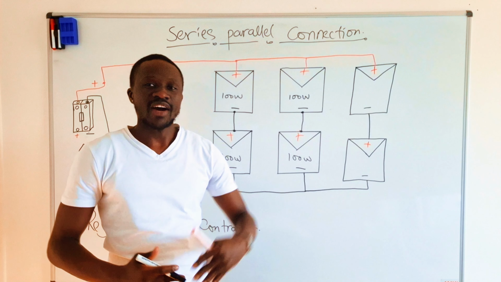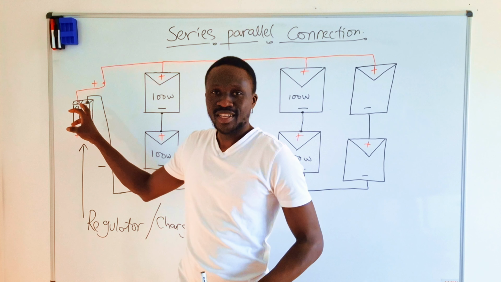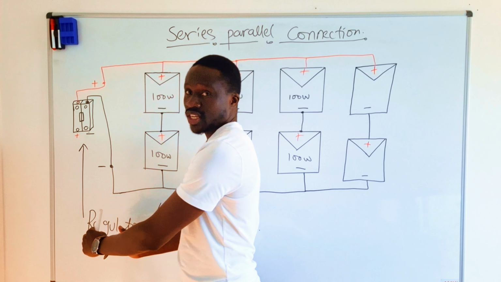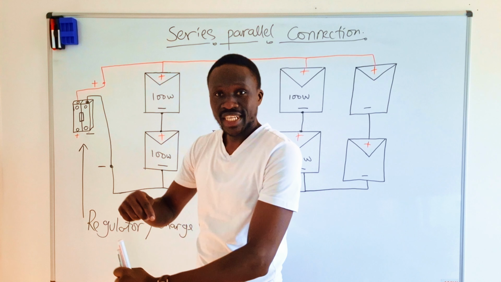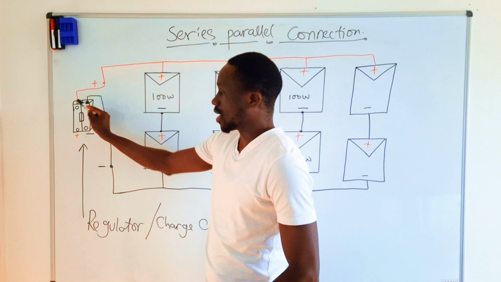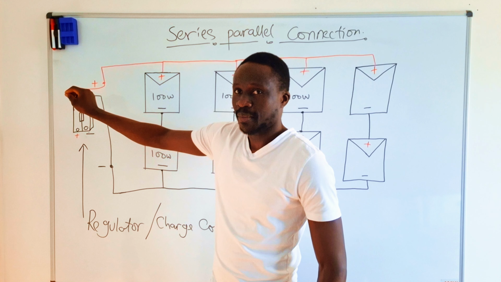And we see, after finishing the panel installation, you install your circuit breaker to control the power. Then, before you connect your regulator, first leave your power into the circuit breaker and switch off the circuit breaker.